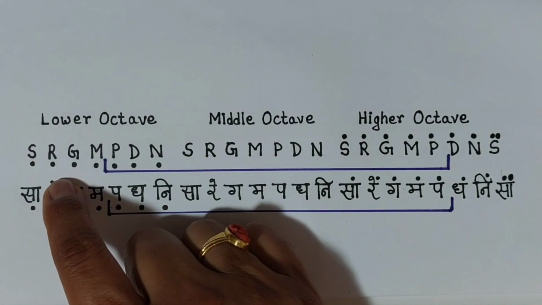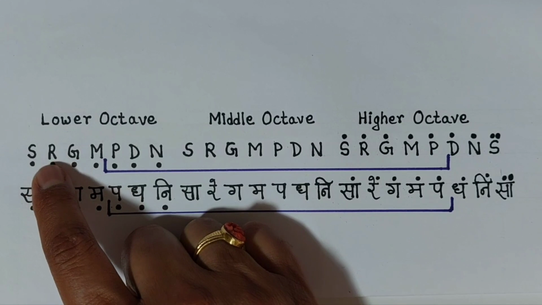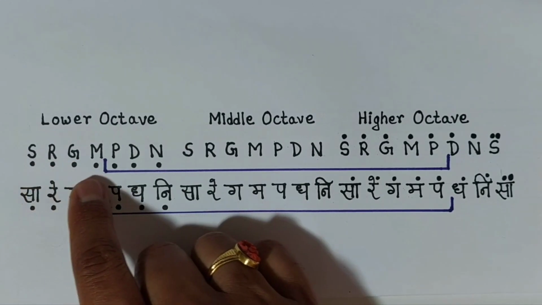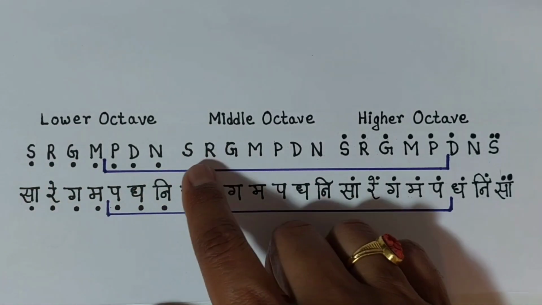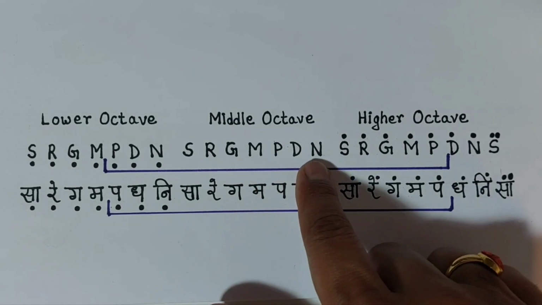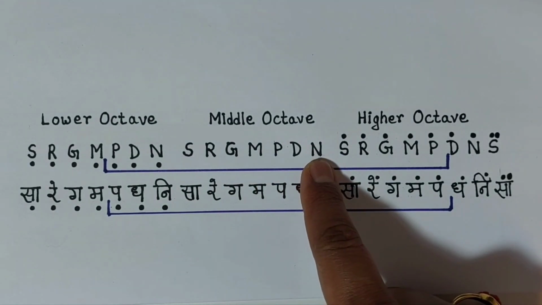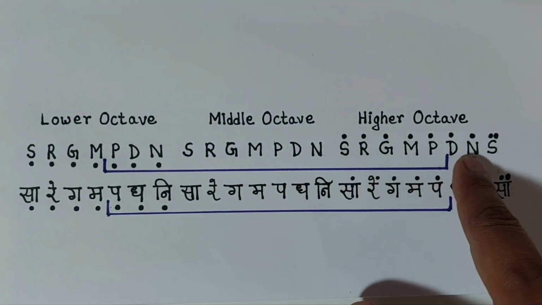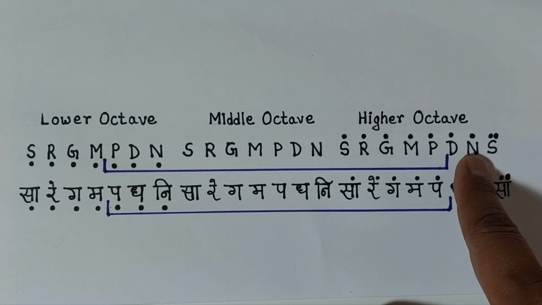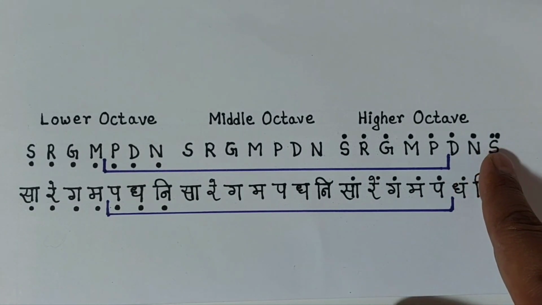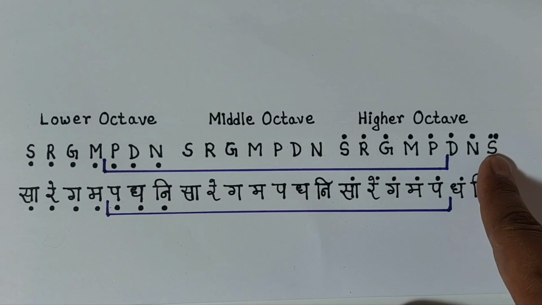Here on the paper, you can see I have written all the 7 notes of the lower octave, all the 7 notes of the middle octave, and all the 7 notes of the higher octave, including the very highest Sa note from the higher octave.